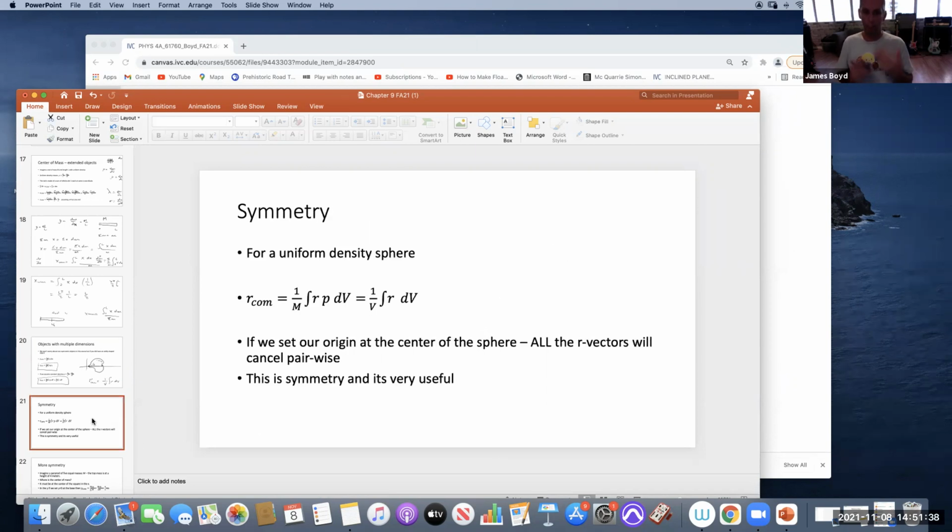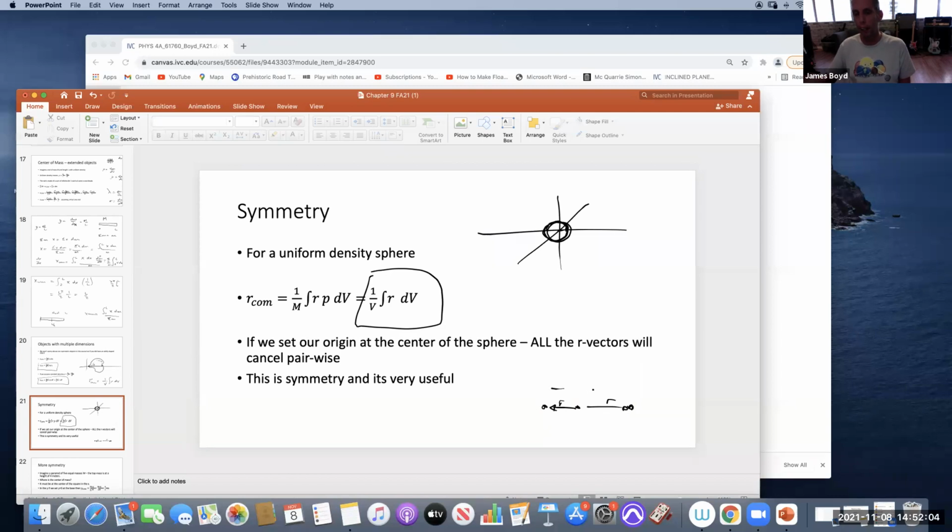For a uniform density sphere, we set it right at the origin. Now, when we try to do this integral, 1 over V of R dV all the way around the volume, we should note that if we go out some R to some dm, and then we go out some R to some other dm, they're going to cancel.